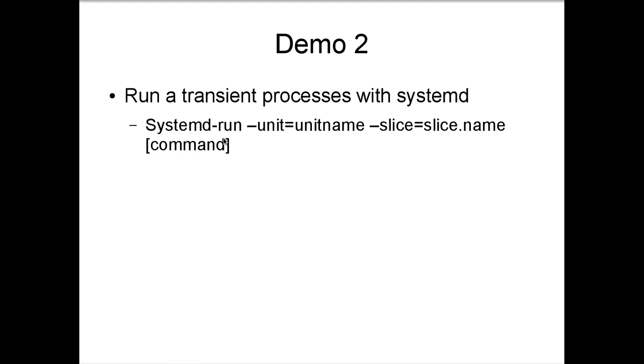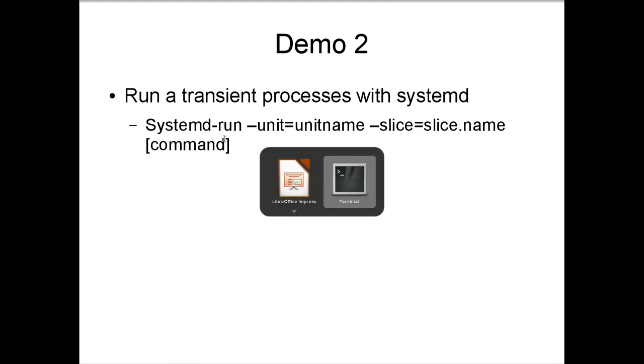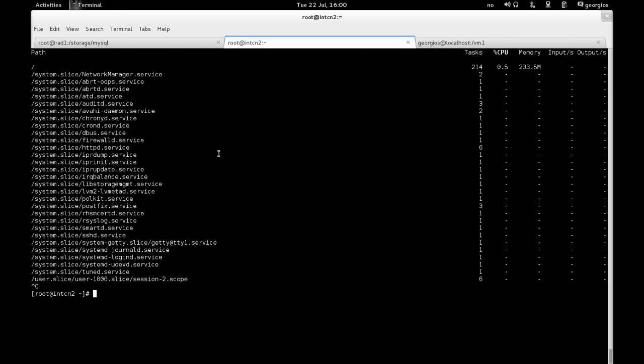So essentially what I'm going to do here is choose a common command like top -b to run top in batch mode, and then place it under the system process hierarchy so that we can see it, start it, and stop it with systemd. So let's go ahead and do systemd-run.